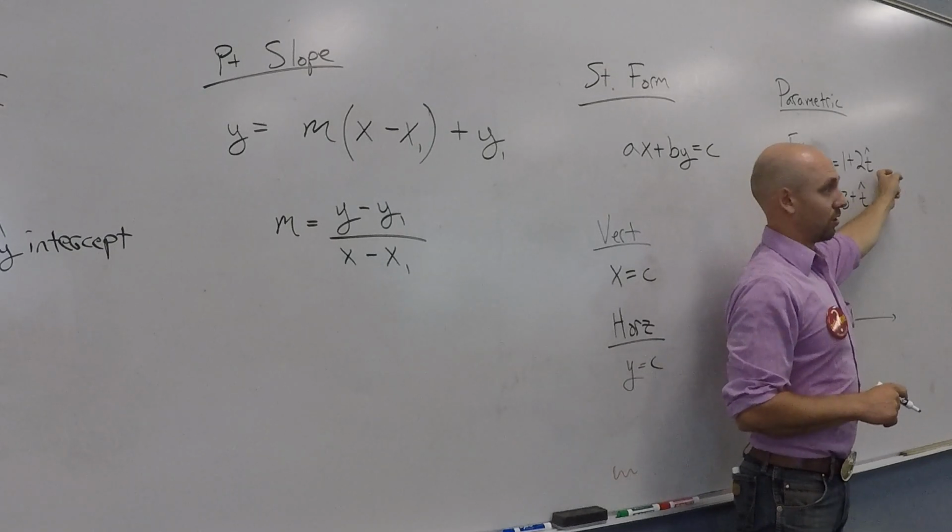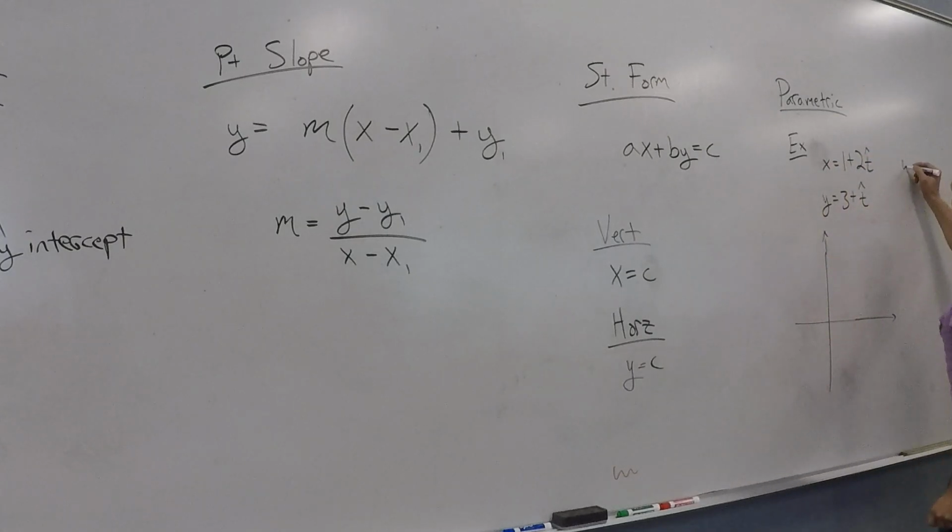So x is 1 plus 2 times 0, which is 1. And y is 3 plus 0, which is still 3. So that means when t is 0, we're over 1, up 3. So, over 1, up 3, dot. That dot comes when t is 0.